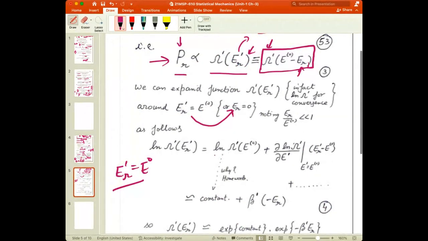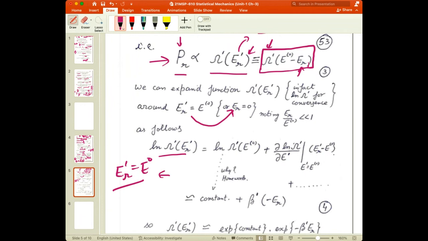So this will be equal to log omega prime E0 plus the differential of this function with respect to E prime. I can't put R because ER has a certain maximum value. So I'm just checking how it is varying with energy, and evaluating this differential at E prime equals E0, because that's what we are doing.